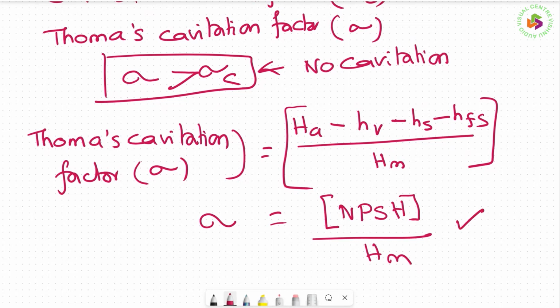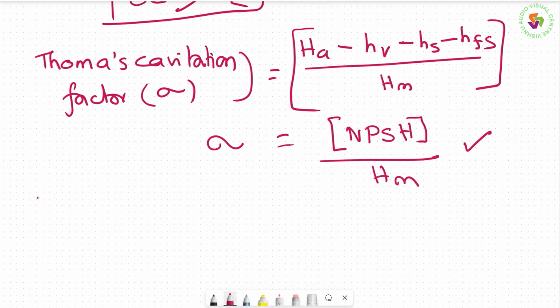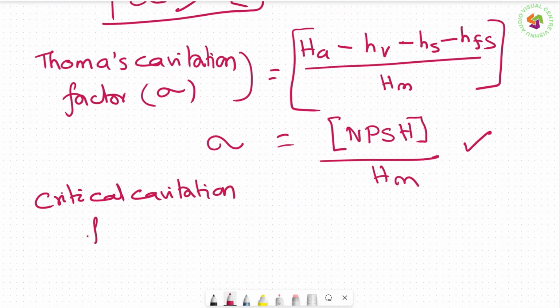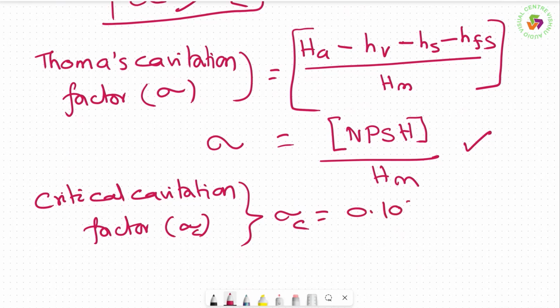This you can calculate. Then the critical cavitation factor depends on the specific speed of the pump, and the equation for that is sigma c equal to 0.103 into (ns by 1000) whole to the power of 4 by 3.